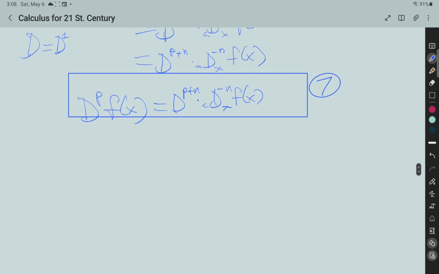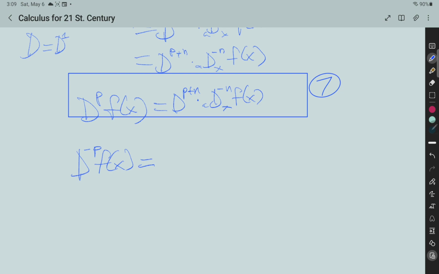Okay, now alternatively, instead of starting with the p derivative of f of x, let's say you have a d to the minus p. So this is an integration here, okay, of f of x.